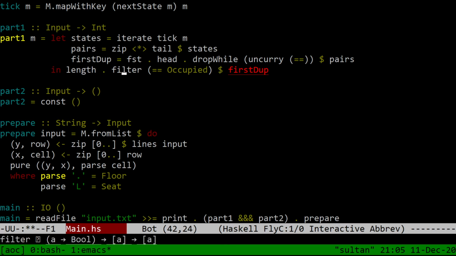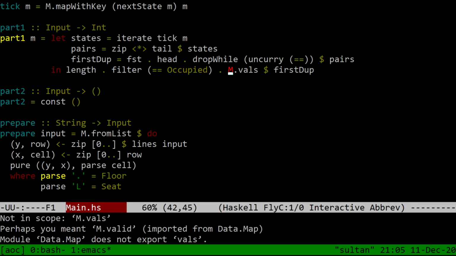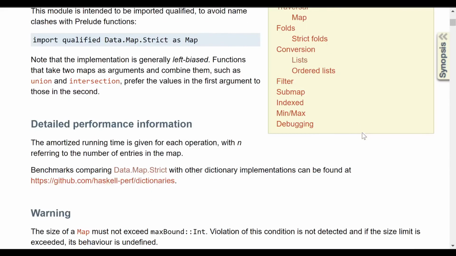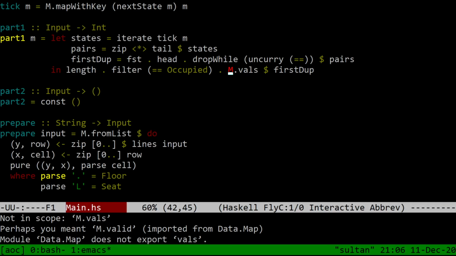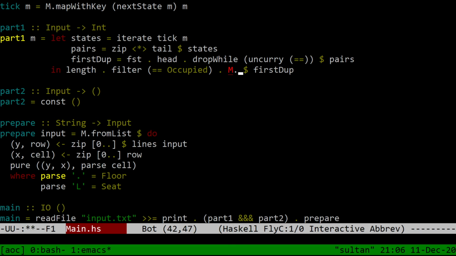It actually takes a list because it has to return a list. Okay, so we'll just say m dot vowels. No, vowels doesn't exist. What's it called? Conversion to lists. Elems. We're looking for elems. There you go.